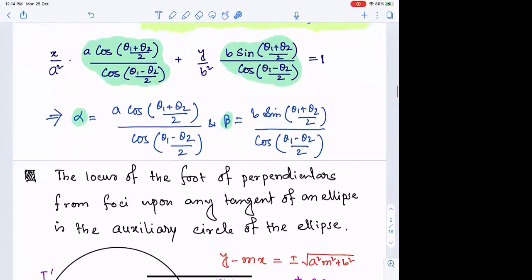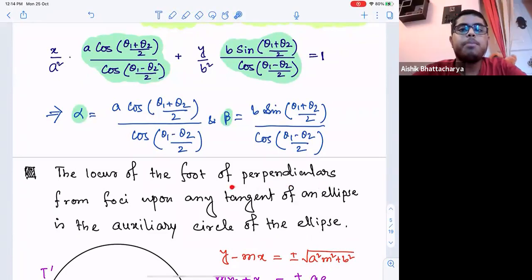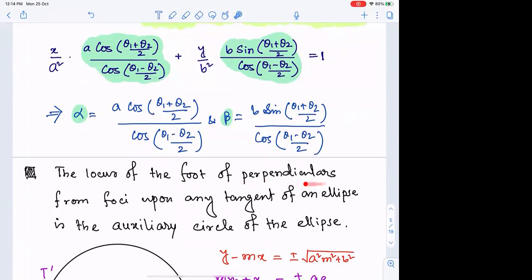So to do the job, we have considered any tangent with slope m, and why should we assume the tangent in terms of slope m, not in terms of the point of tangency? Any hint in the description? Sir, perpendiculars. Very good. Product minus 1. What we are going to find is the foot of the perpendicular.